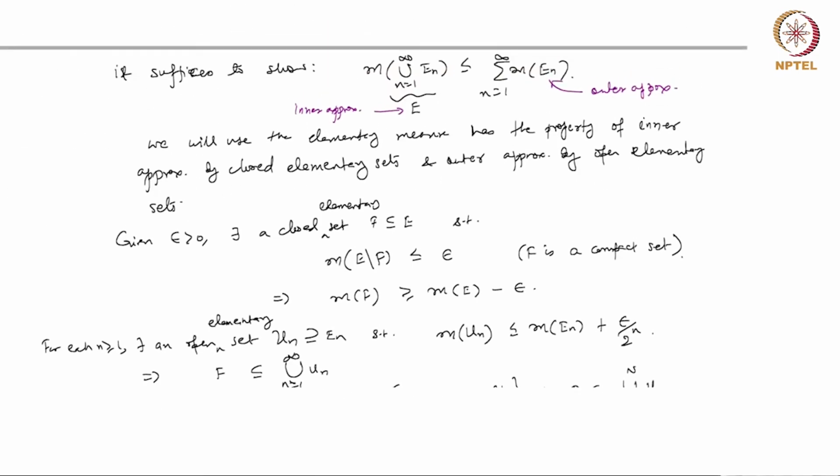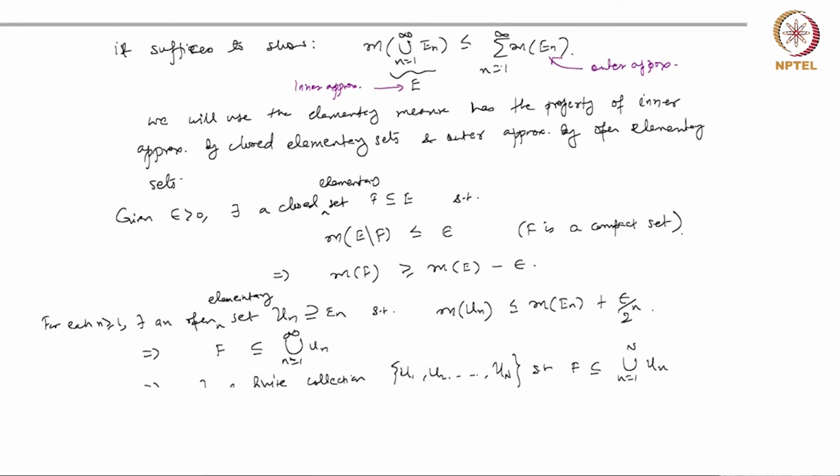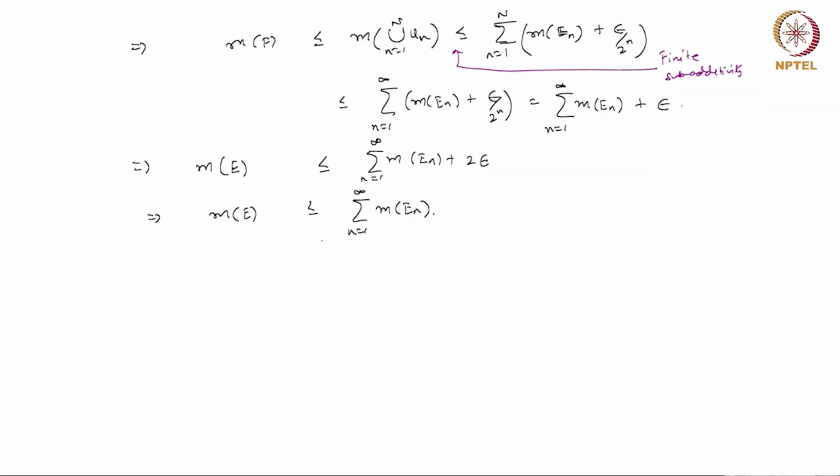So we have shown this inequality, and we have proved in fact that for a disjoint collection of elementary sets whose union is again elementary, the pre-measure condition is valid.